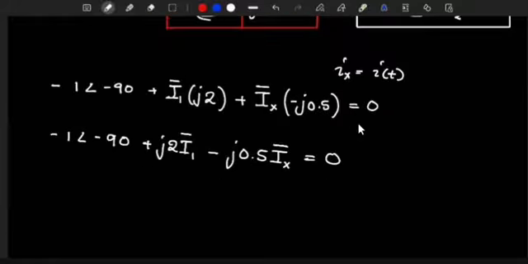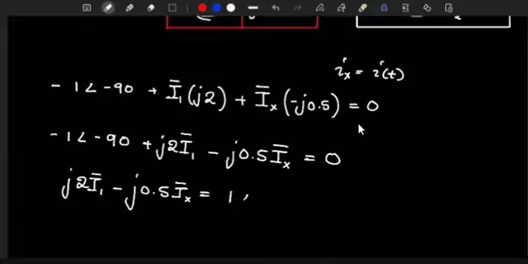We can move the other term to the right side. We now have J2 I1 minus J 0.5 Ix is equal to 1 phasor minus 90. We can hold on to this as the first equation.